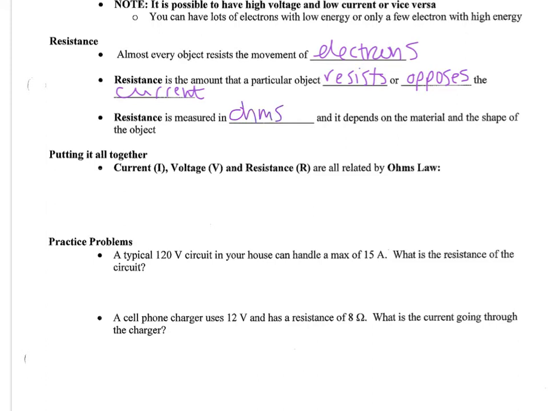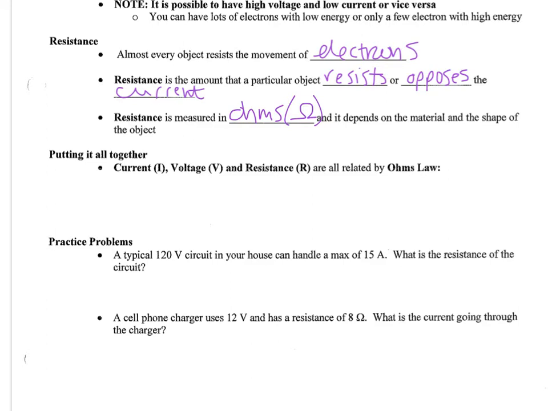Like the yoga, Om. And the symbol is omega. Resistance depends on the material and the shape of the object. So a conductor will be a bad resistor because it's not going to really impede electrons as they're moving through. An insulator would be a good resistor because electrons are going to have a harder time getting through. But more specifically, the material or the shape of the object is what's going to determine the resistance.